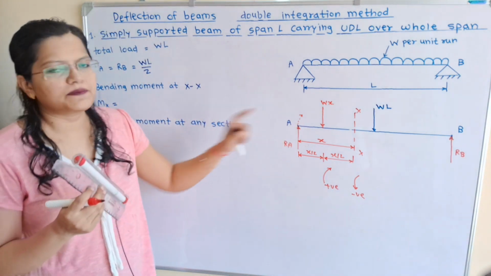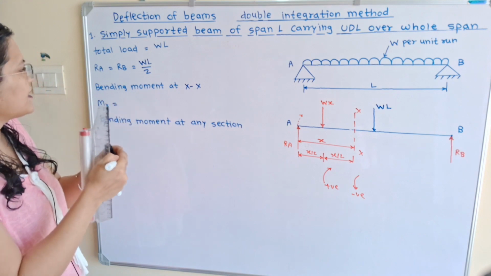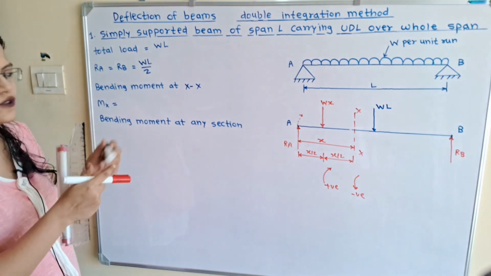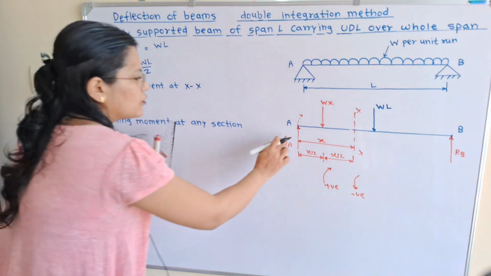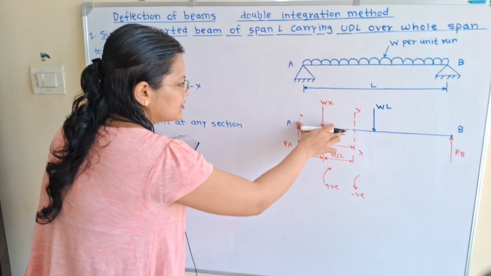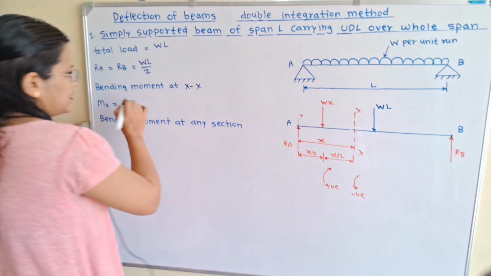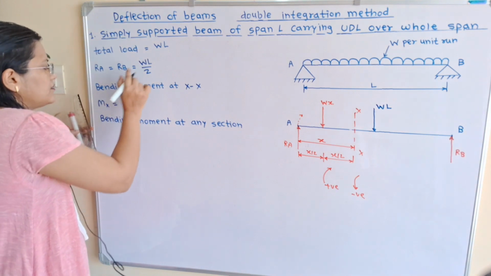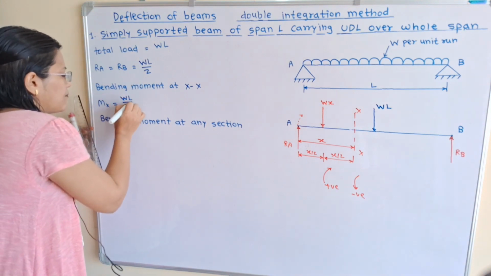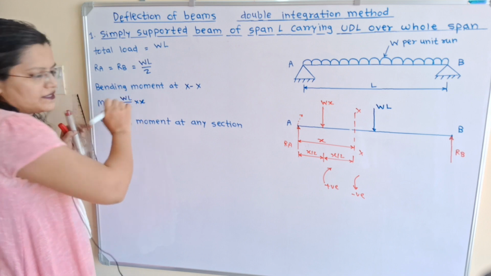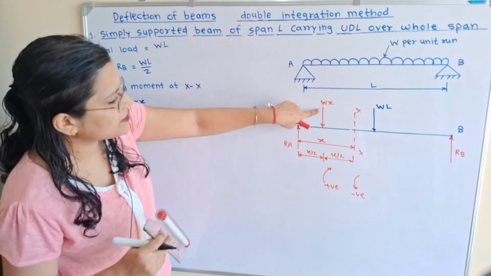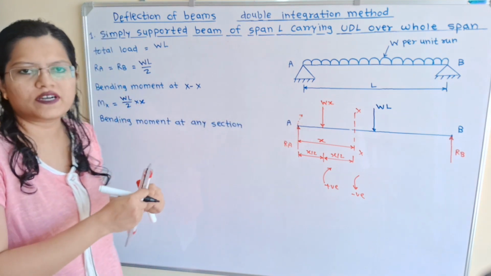So how to write this bending moment? RA is equal to WL by 2. We write this force multiplied by distance, and this direction is clockwise, so I will use positive sign: WL by 2 multiplied by x. Now there is a second force in the downward direction.